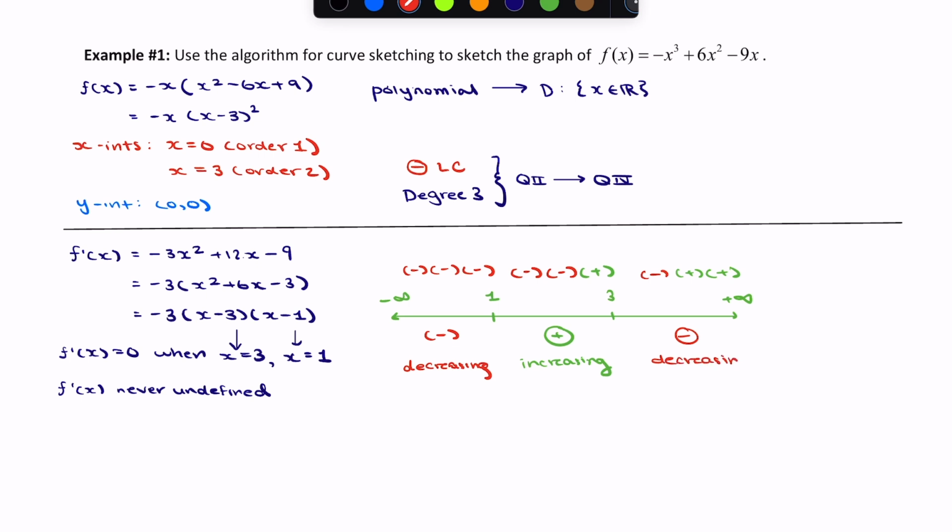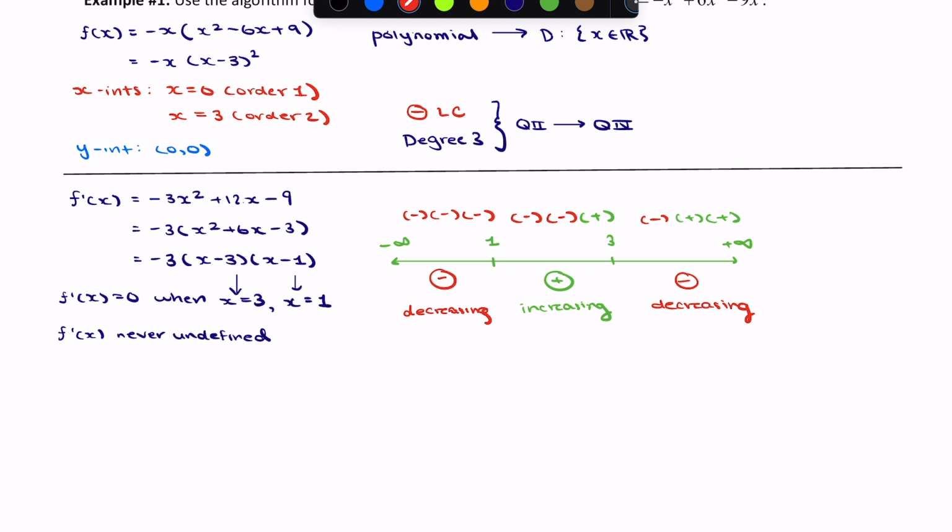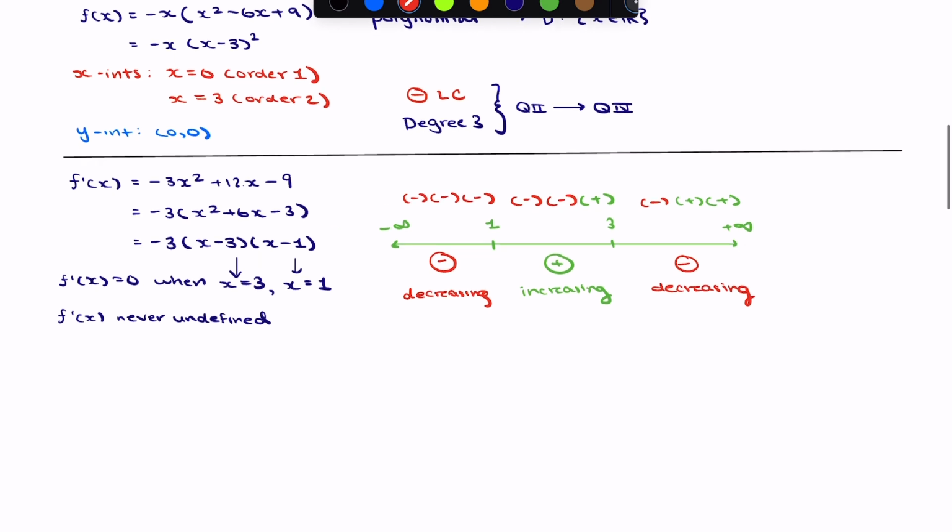And so we see from negative infinity to 1, it is negative, so it's decreasing. From 1 to 3, it is positive, which is increasing. And then from 3 to positive infinity, it is decreasing.